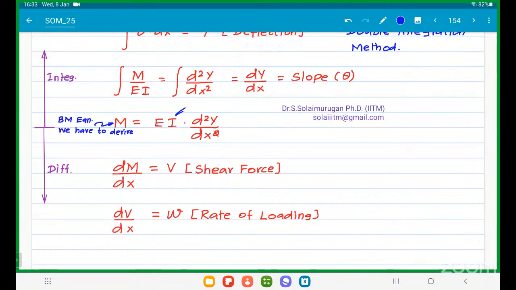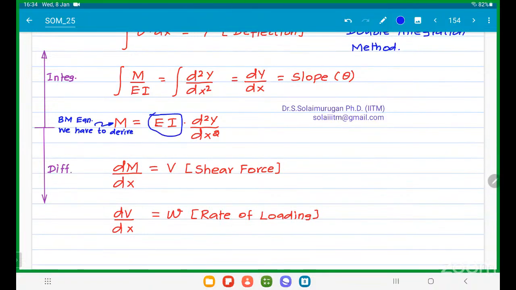Okay. What is EI? Tell me, at least answer this. What is E into I? Everyone answer. Quick. So many students are there. Flexural rigidity. This is called flexural rigidity. Okay, very good. So if the cross section is not changing, it is a constant.